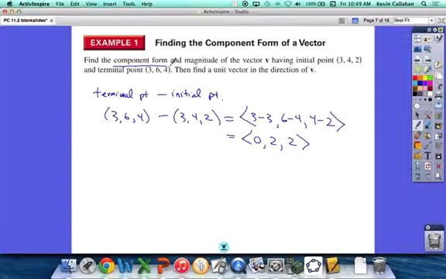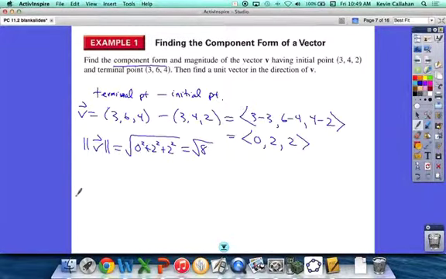Okay, said find the magnitude. Right, how do we find the magnitude of v? Okay, so it's the square root of, no, 0 squared plus 2 squared plus 2 squared, right, which is the square root of 8.